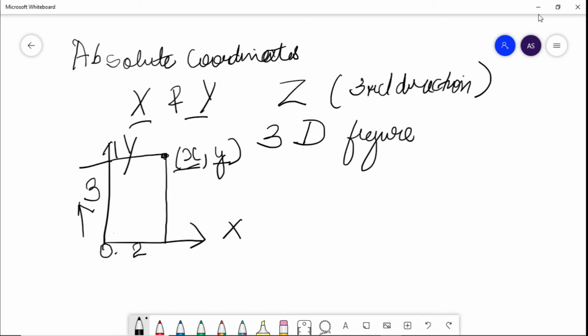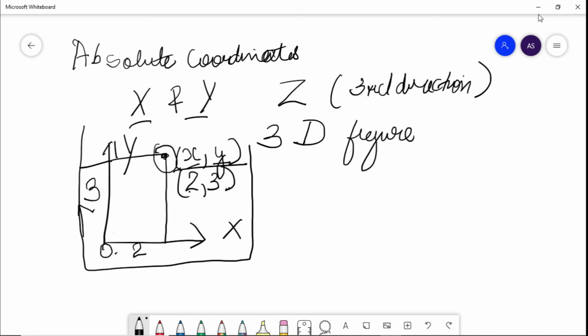So the value of x will be 2 and the value of y will be 3. So this position of the point is at 2, 3. So this is a simple coordinate system.